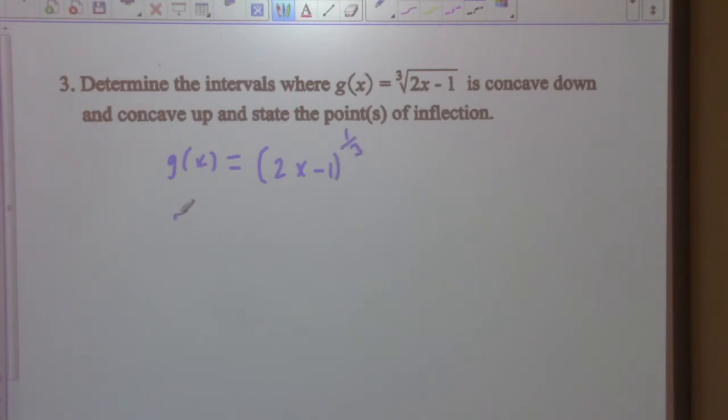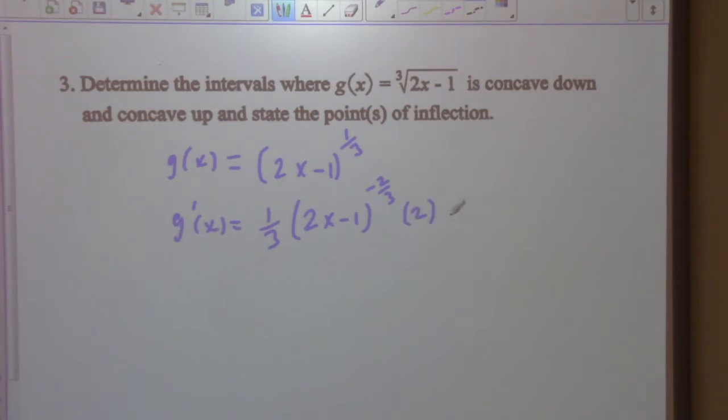And so to find the first derivative, we have 1/3, and then we have 2x minus 1 to the negative 2/3. Is that right? Times what else? What else do we have to multiply by? The derivative of the inside, right?